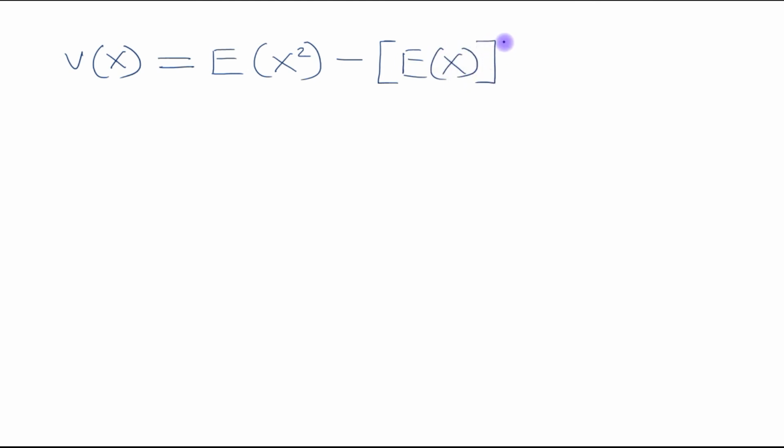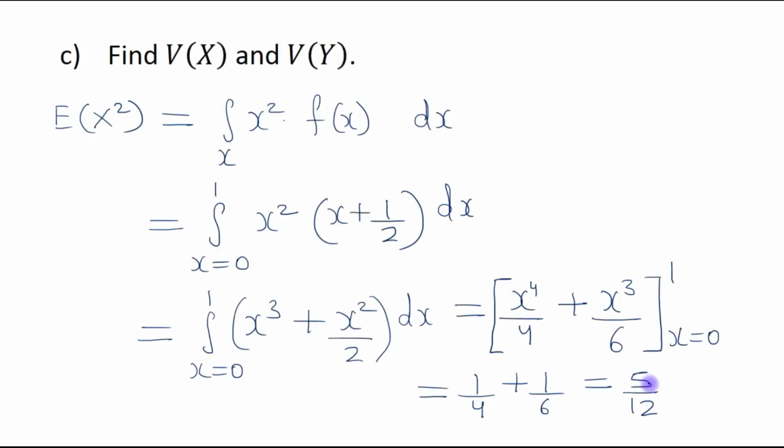and now variance of x will be E x square minus E x whole square. This is 5 upon 12, right?